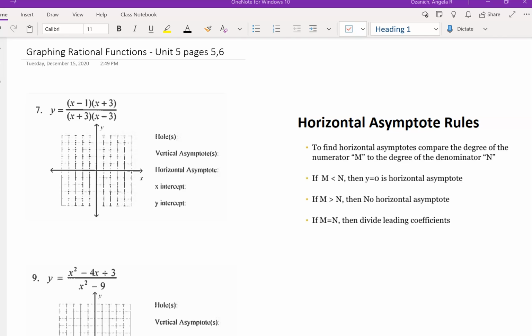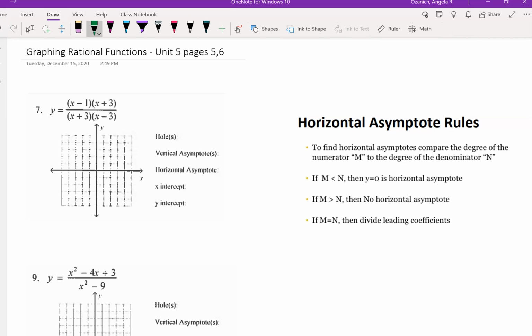So we've already talked a little bit about how to find the vertical asymptotes and the holes for a rational function. Just remember that your vertical asymptotes are going to be those situations where you have a number that creates division by zero.